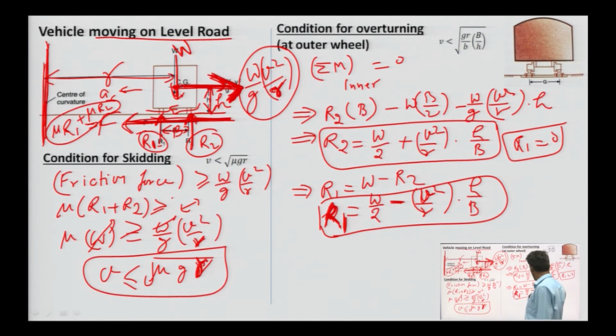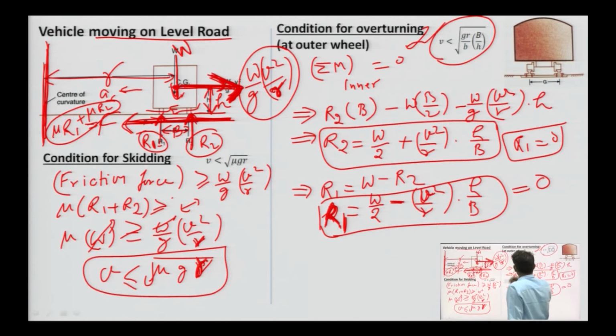So, what will be the speed? That can be calculated by equating R1 equal to 0. If you calculate, then we will get this: V is less than the square root of g R B by 2 H. W upon g is missing here.